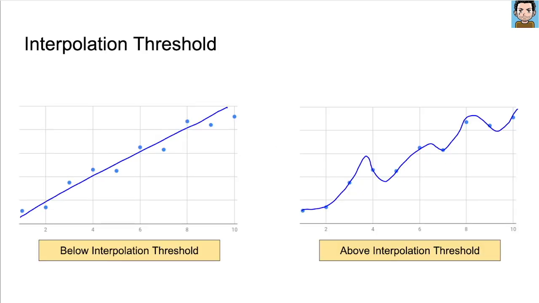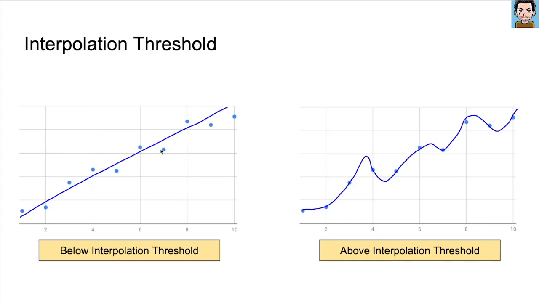It is called interpolation threshold because it indicates whether a model has enough capacity to fit the training data or not. For instance, in this slide we have two models. The one on the left-hand side is a simple linear model trained on noisy data, which is the blue dots. This linear model doesn't have enough capacity to interpolate the training data, so this model falls below the interpolation threshold.